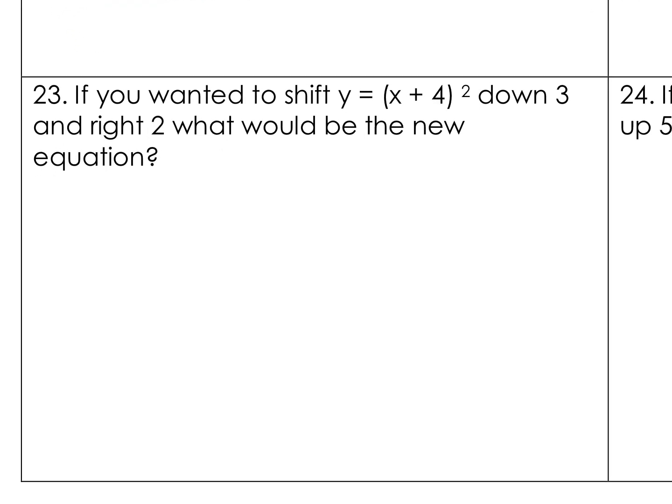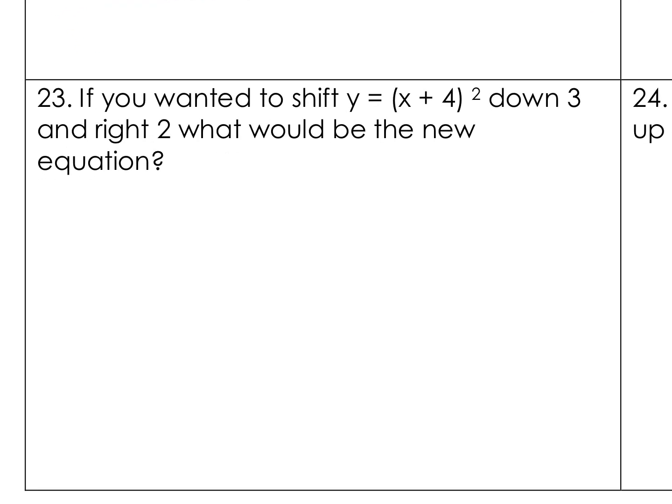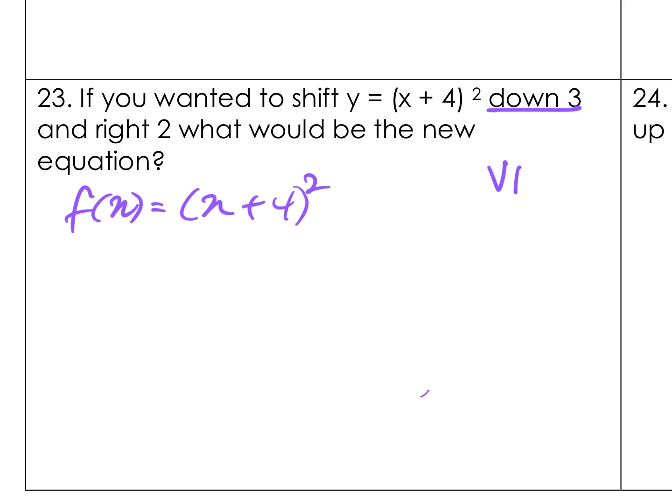If you wanted to shift y is equal to x plus 4 squared down 3 and right 2, what would be the new equation? Okay, so our f of x in here is equal to x plus 4 squared. And it says down 3, it means to say that's my vertical translation of minus 3, and right, that's going to be a horizontal translation of minus 2.